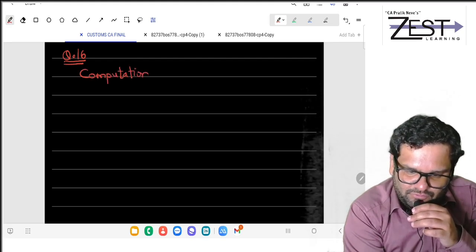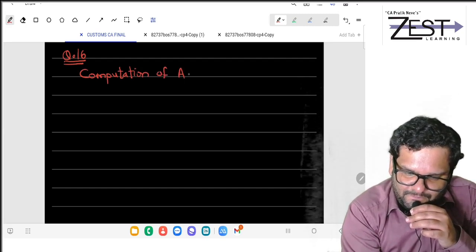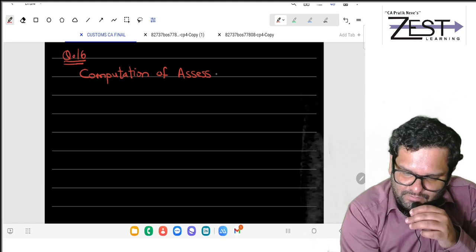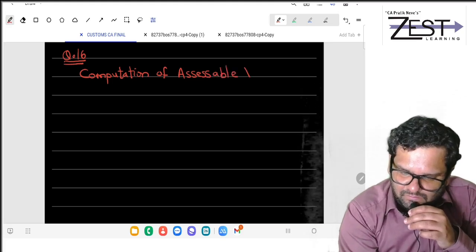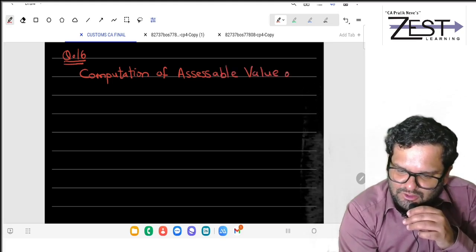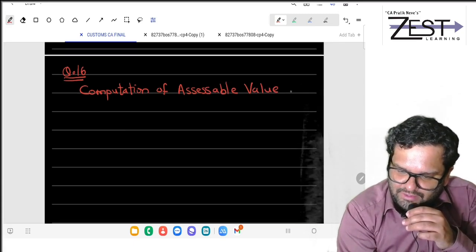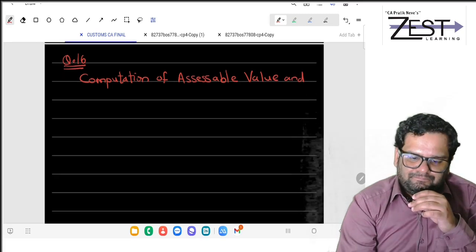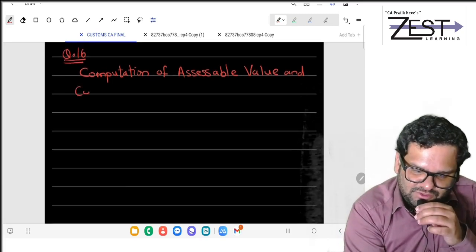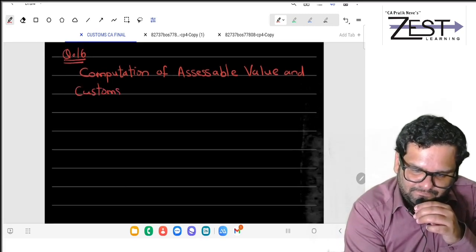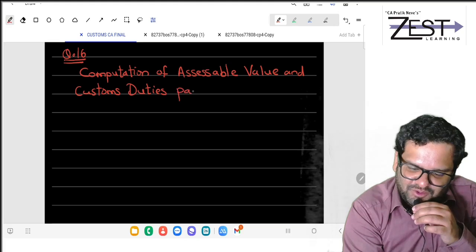Computation of assessable value and customs duties payable. Do you agree with me on this heading?